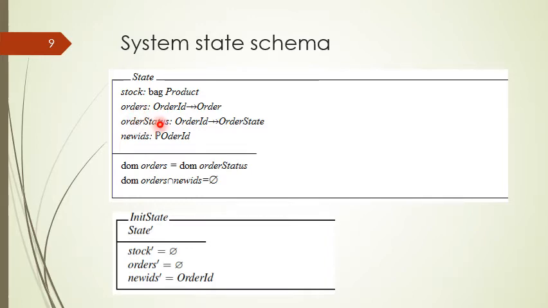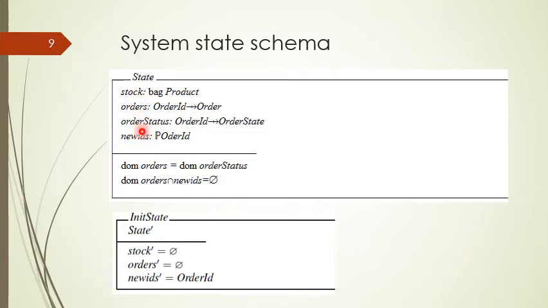So it is an optional way to introduce system state variables, and you can directly write your state variables in a system state schema, and there is no need to write different schemas to introduce state variables.